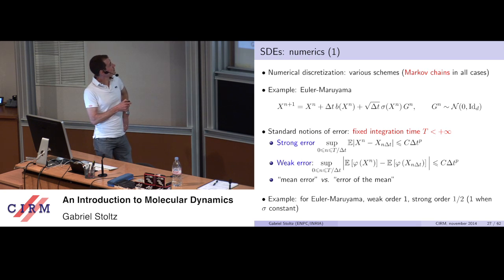There are several notions of errors for SDEs, and there are more notions of error than for ODEs, where you essentially look at the error on trajectories over finite time intervals.